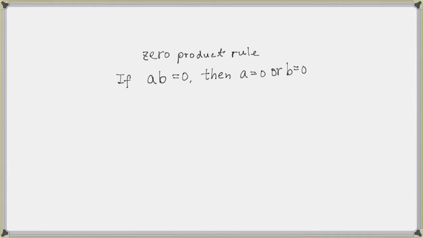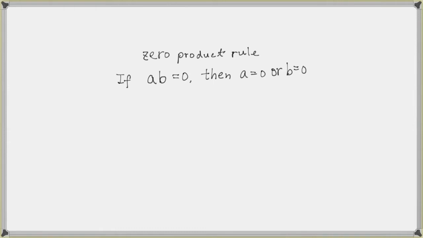Zero product rule says if you have two numbers, A times B is 0, then either A is 0 or B is 0.